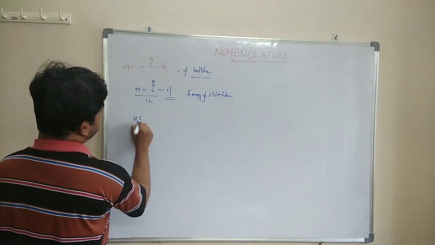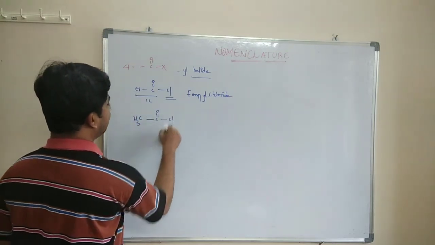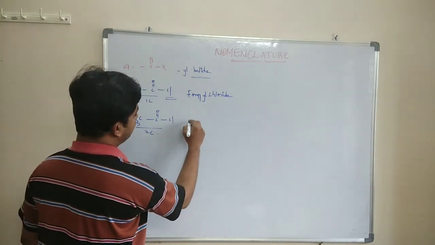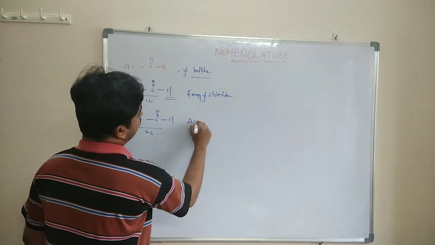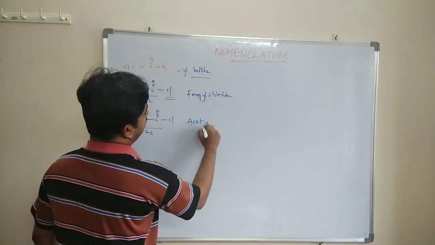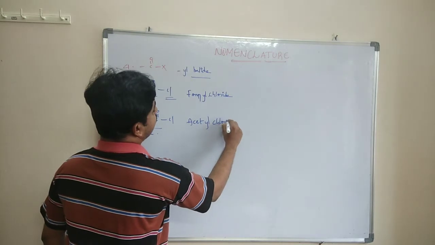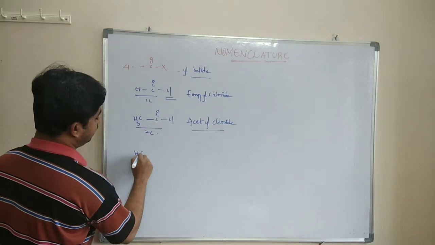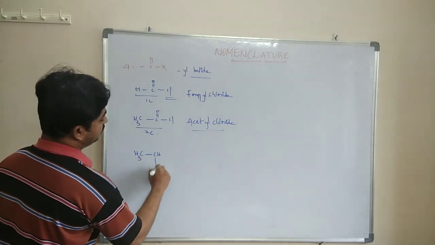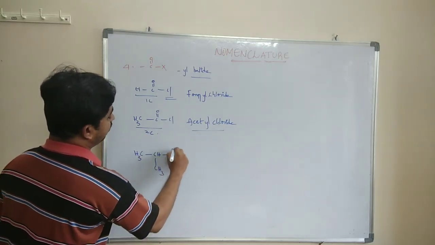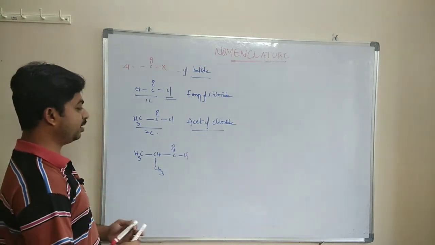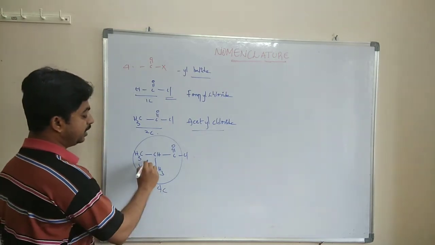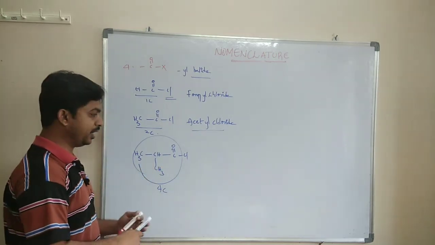If CH3 C double bond O Cl, what is the name of this one? It has 2 carbons. If 2 carbons, the root word is acetic, then the suffix is acyl chloride, then acetyl chloride is the name. Next, a CH3 CH3 C double bond O Cl. What is the name of this one? It has 4 carbons, and the 4 carbons are arranged in iso.